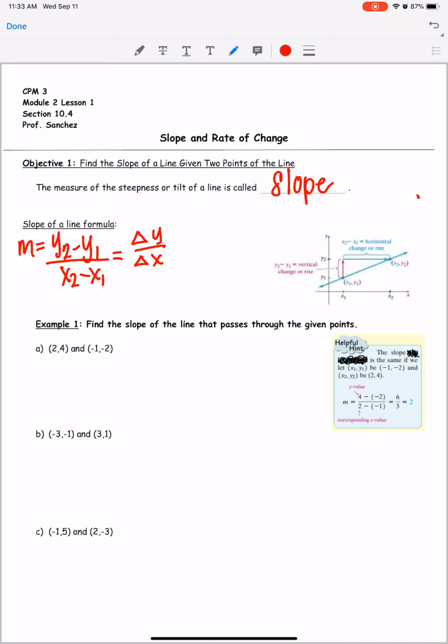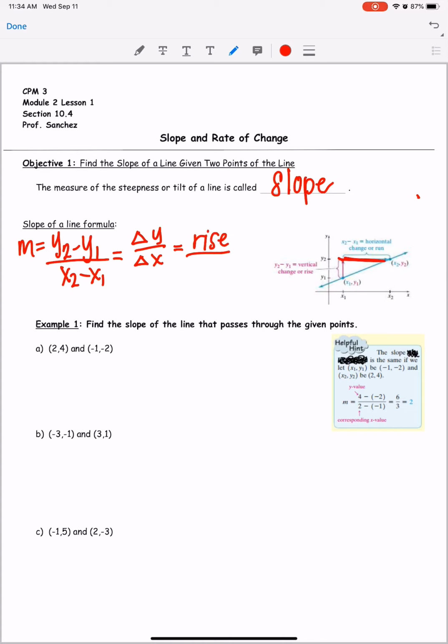Now this right here, you don't need to really memorize, but I do want you guys to see that in case you go to functions and modeling or calculus or whatever the case may be. This little triangle is delta, and that means the change in. When you have the change of your y, this is considered your rise.